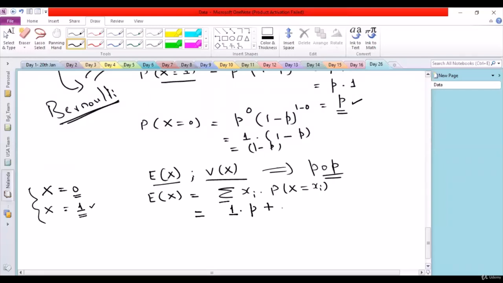Plus, what is the second value? 0 multiplied by 1 minus P. Why 1 minus P?